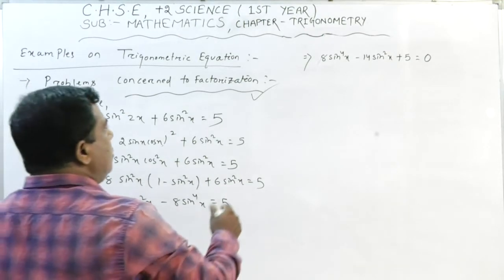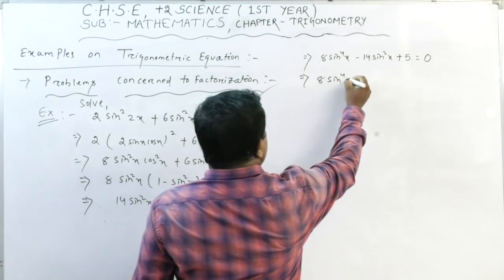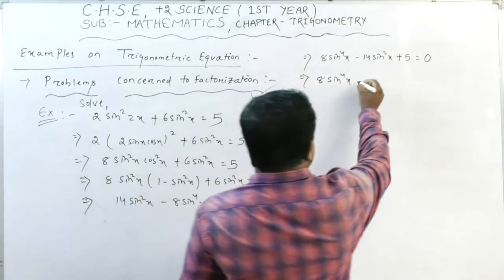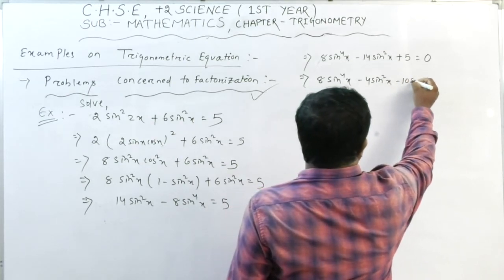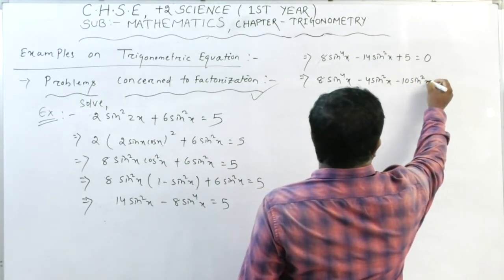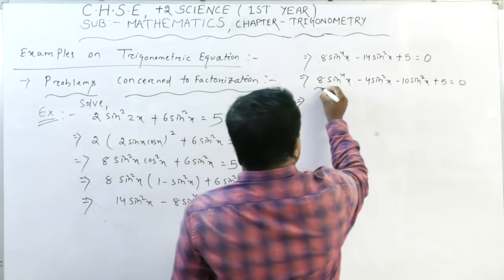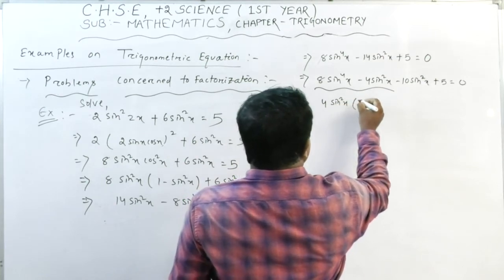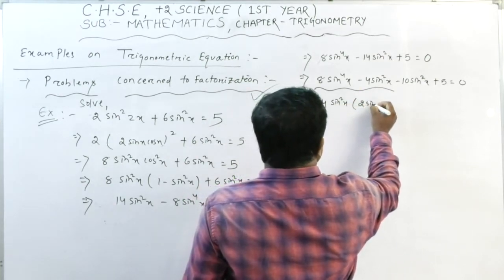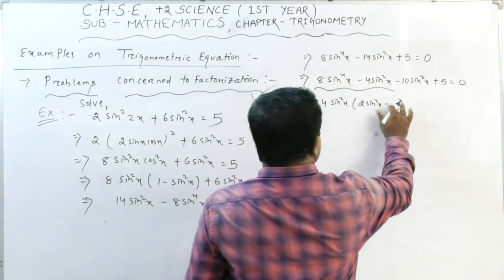So what I do, I can say it is 8 sin 4th x minus 4 sin square x minus 10 sin square x plus 5 equal to 0. Okay. So what is the common thing here? 4 sin square x is the common thing. So we can say it is 2 sin square x minus 1 is there.